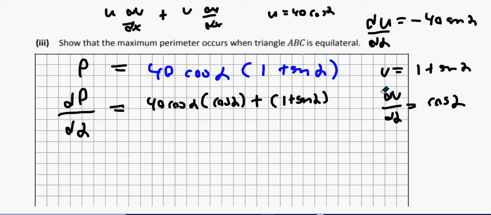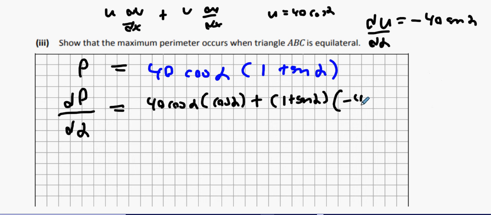Minus 40 sine alpha, I'd say. So, yeah, I think we're actually on the correct path here. It's just a complicated path.